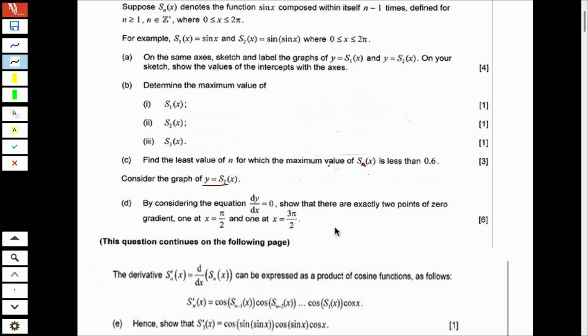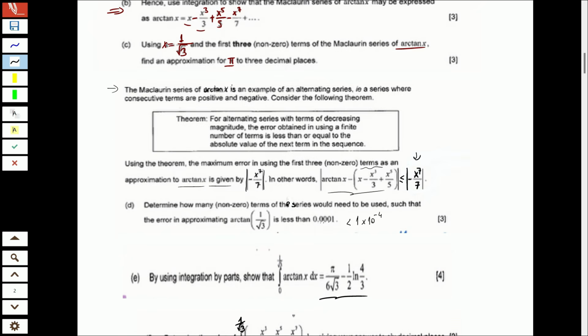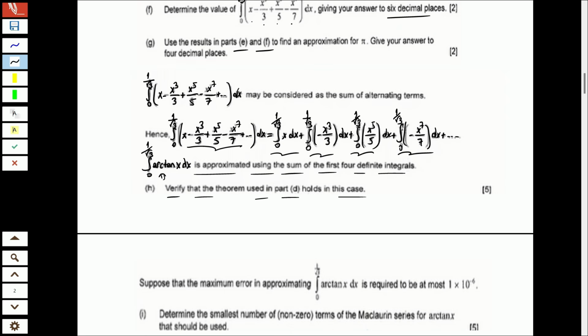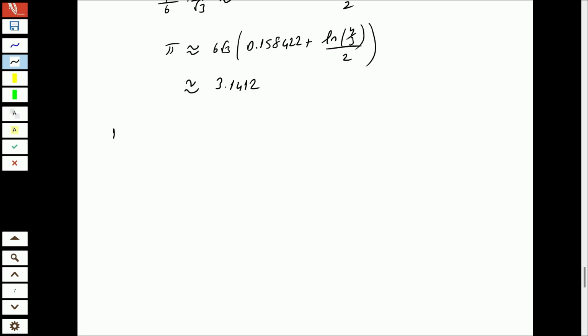Let's remember what the theorem was. This one, okay. In part D, we use, for example, the first three terms, and it's less than the four terms. In this case, let's use the theorem to check if it is right or not.